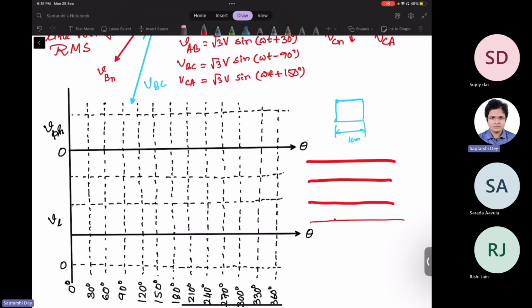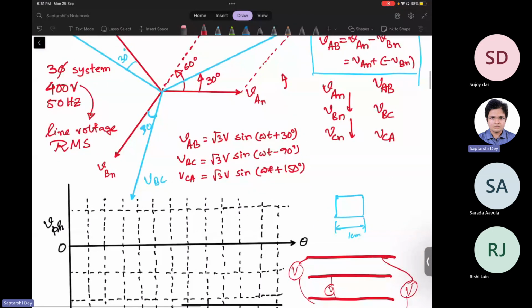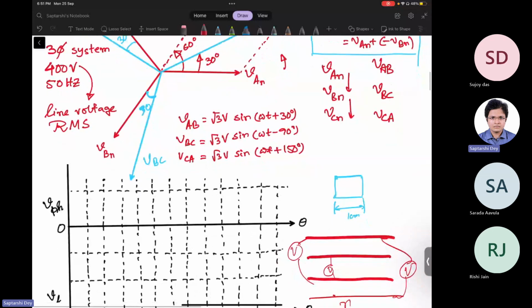Now, if you put a voltmeter between this and this, then you will get a phase voltage. But this neutral wire may not always be available to you, but the lines are always available. So it's easier to measure line voltage. We always get line voltage. That's why it's customary to rate the three-phase systems in terms of line voltage. Okay.